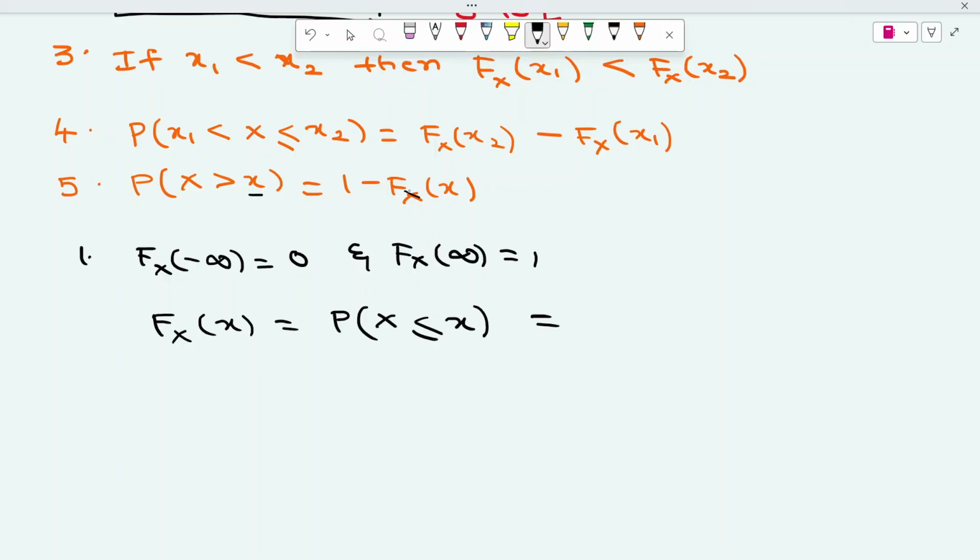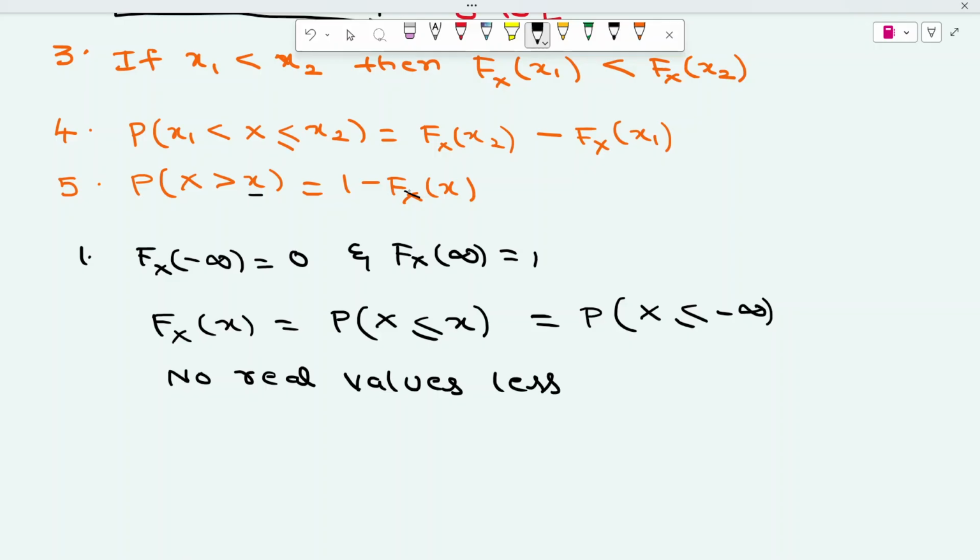Here, if you substitute minus infinity, there are no real values less than minus infinity.